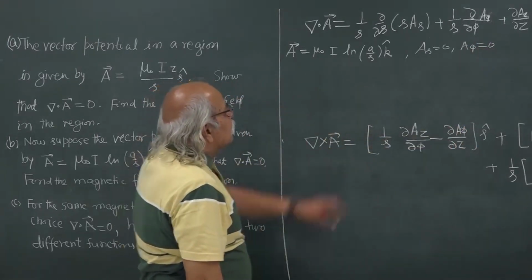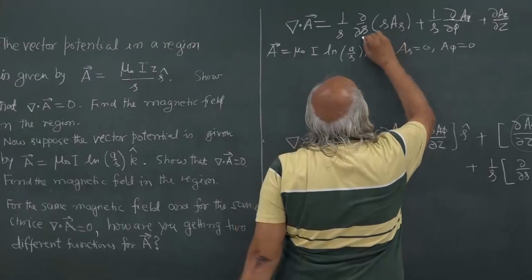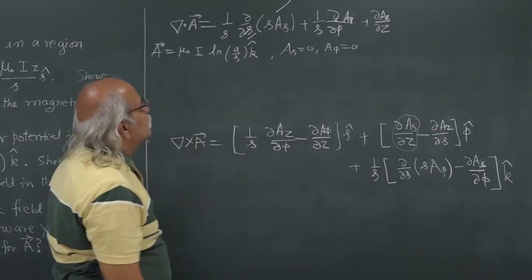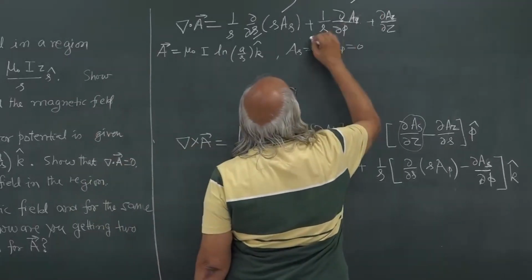And hence, this term will go away, and A phi is 0, so this term will go away as well.